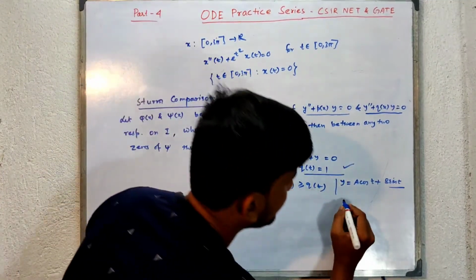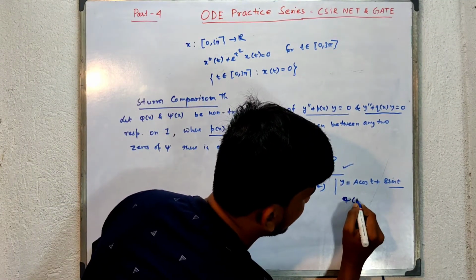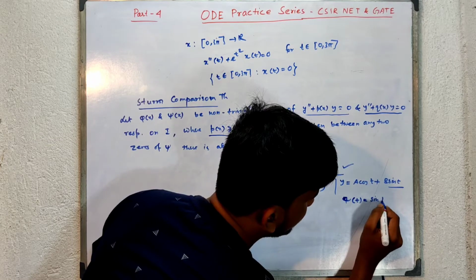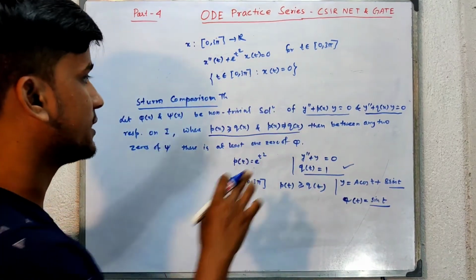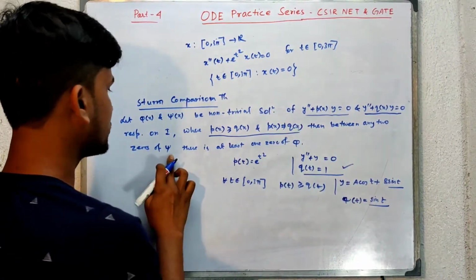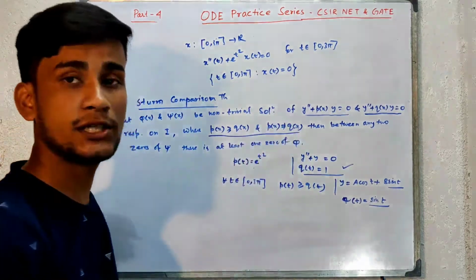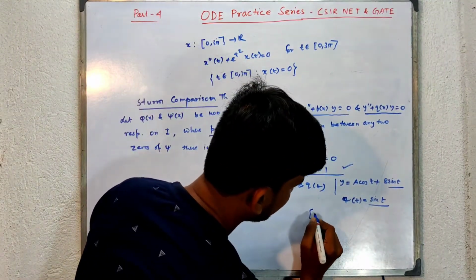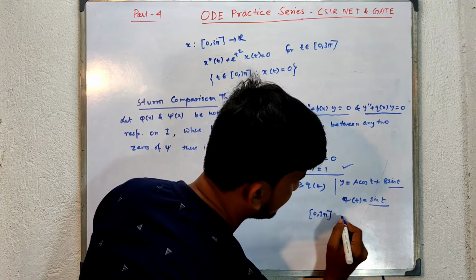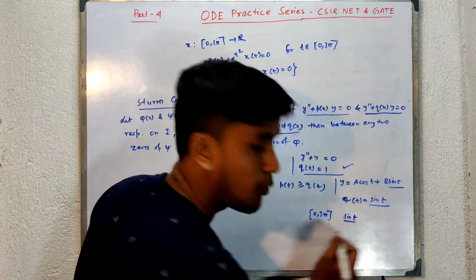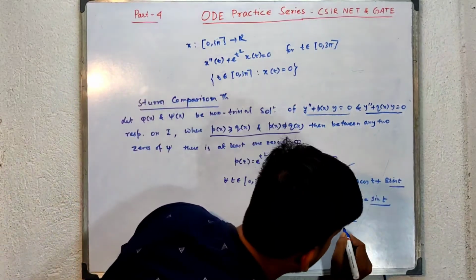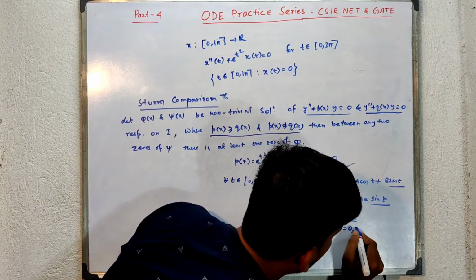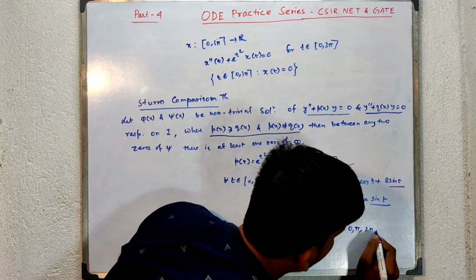If we take psi(t) = sin t, the theorem says that between any two zeros of psi there is at least one zero of phi. Now between 0 and 3π, sin t has 4 zeros: t = 0, π, 2π and 3π.